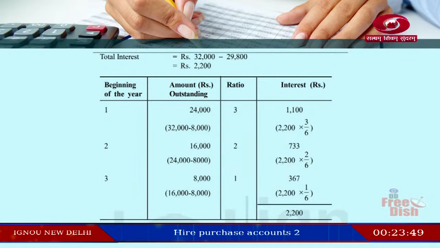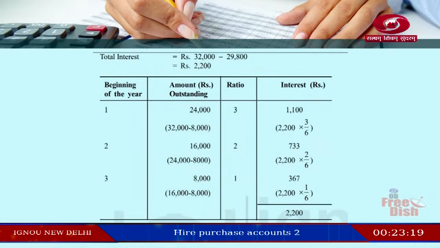Then at the end of the second year the outstanding amount is 16,000, because another 8,000 rupees were also paid at the end of the second year. Again we can easily calculate the total amount of interest: 2200 multiplied by 2 divided by 6, because at the end of the second year the ratio is 2:6.